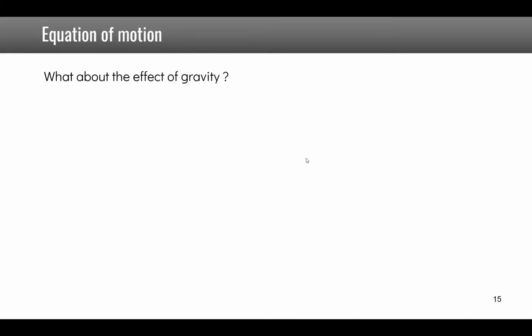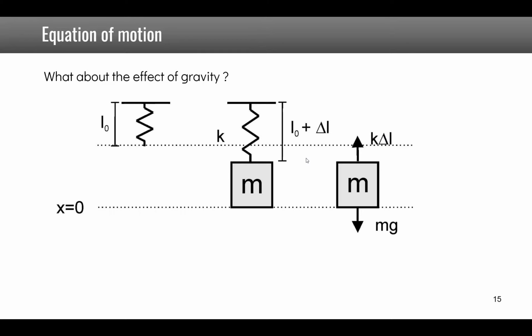Now, what about the effect of gravity? Gravity is acting on this body. If you look at a spring, you have the length L0 when the spring is not stretched. When you add a mass to the spring, you will have a certain stretching of the spring, delta L. Because the body is in equilibrium, k times delta L is equal to mg.